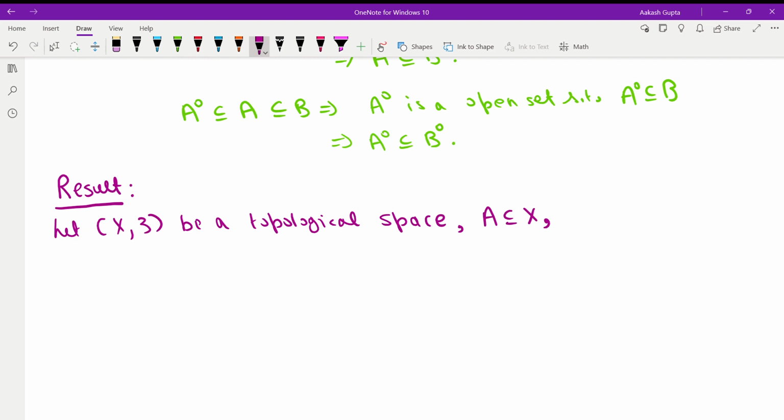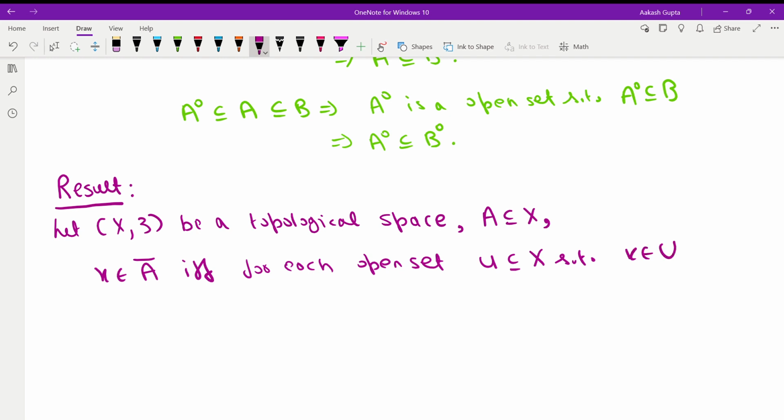It doesn't directly tell me when a point in X would be a member of A closure. So let us specify that condition. x belongs to A closure if and only if for each open set U inside X such that x belongs to U, U intersection A should be non-empty.